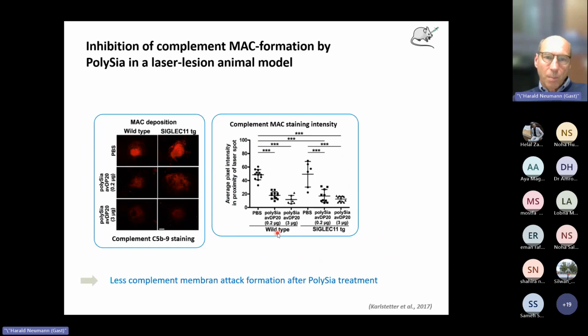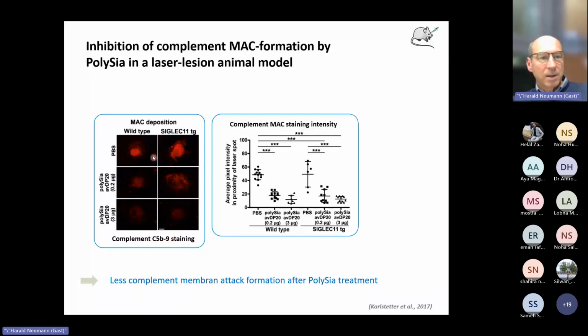And we also looked at the complement cascade. So here we use the staining of the terminal complex, of the membrane attack complex. At the beginning, I showed an ELISA assay where they analyzed this terminal complex formation. Here it's a staining. It's called membrane attack complex formation, for which we use the staining for C5b9.